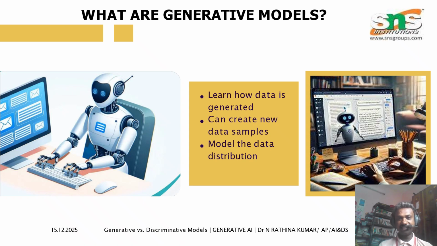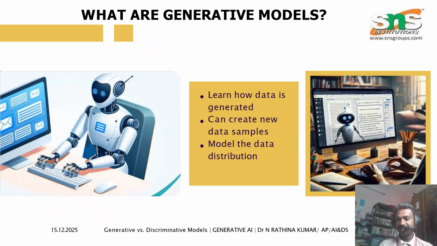Next we are going to see what generative models are. The main goal of generative AI models is to create new data instances that resemble the training data. For example, it can be an image, text, or audio, so we can create new things.